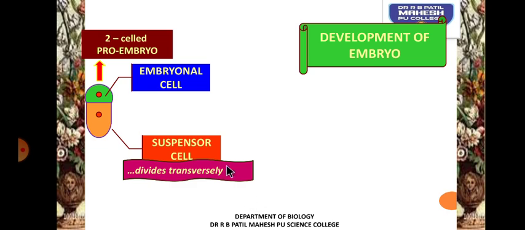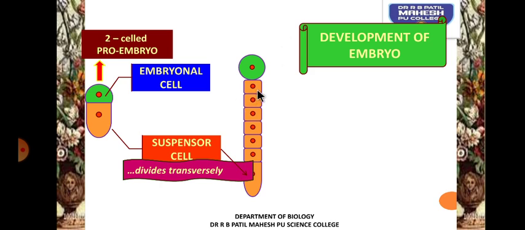The suspensor cell is going to divide transversely like this. Here you can see, students, there is a formation of 4 cells: 1, 2, 3, 4. Again there will be mitosis resulting in the formation of an elongated structure.